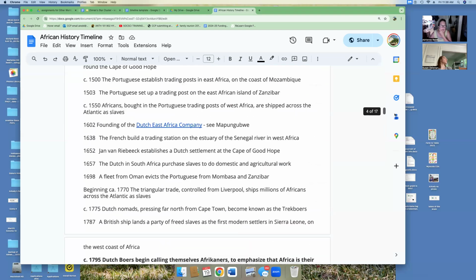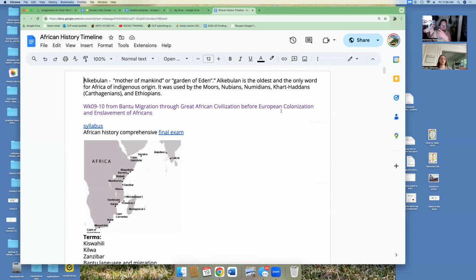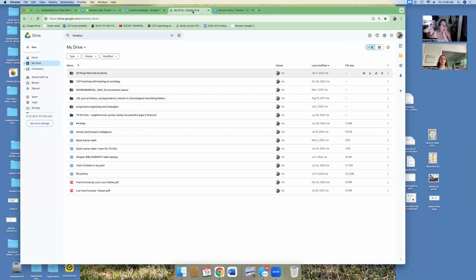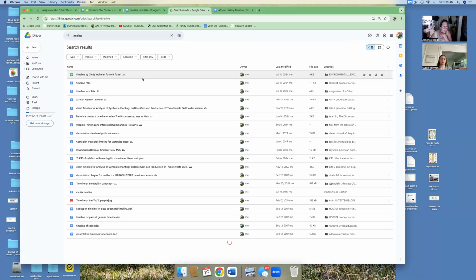So I could simply give you this timeline. I'd make you your own copy. And then someplace like this, you could have a graphic which shows how these various planets and trade routes are connected in terms of physical space. So that's another option, and that's a pretty good option for you. It's just something that I've done while I've been doing historical research. So I'm just giving you a bunch of different possibilities.